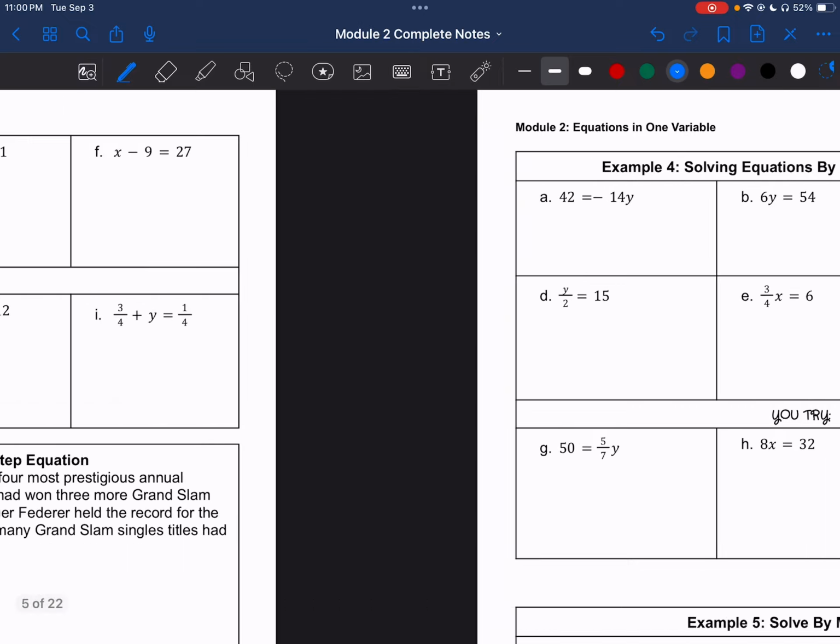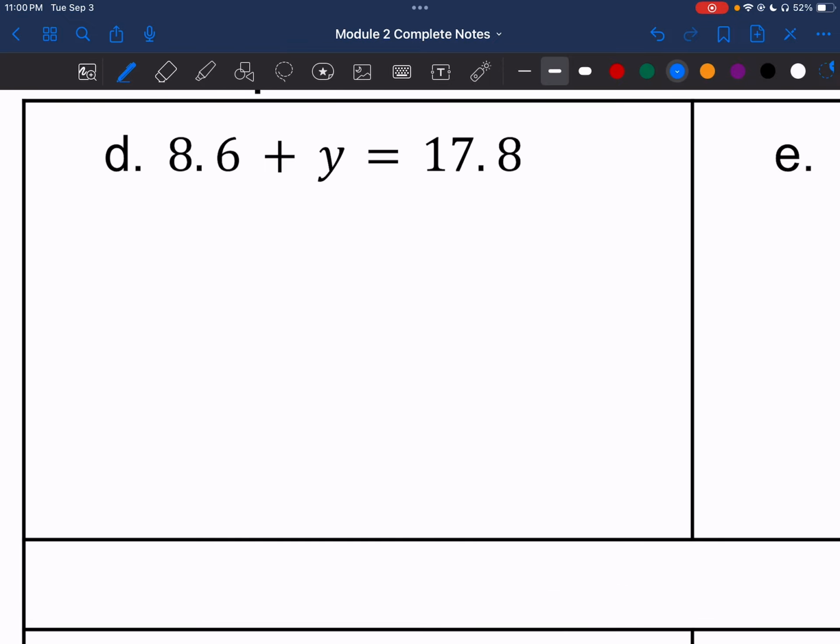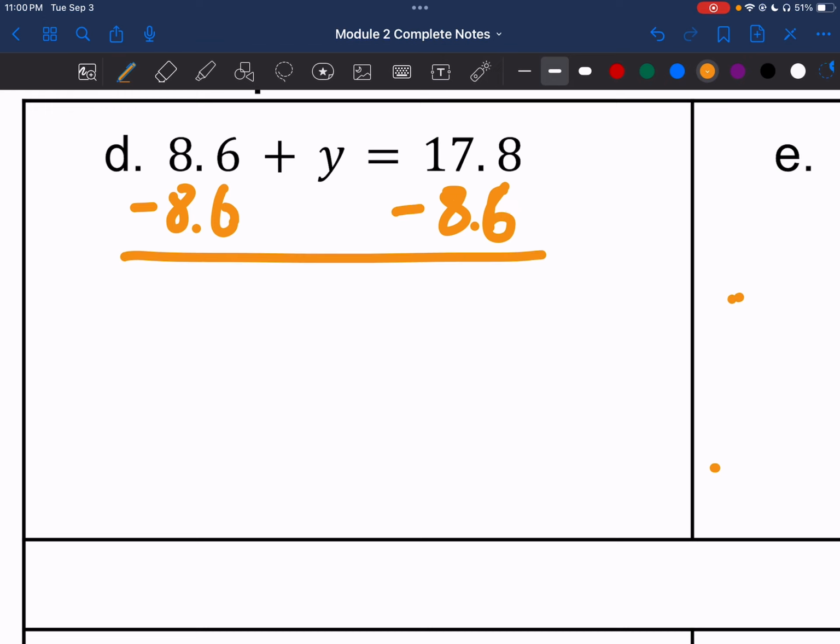So let's look at letter D. We have 8.6 plus y equals 17.8. So again, we can just use the addition property of equality and subtraction property of equality. And we are subtracting 8.6 from both sides of our equation. Again, notice I'm drawing this line to show each of my steps.